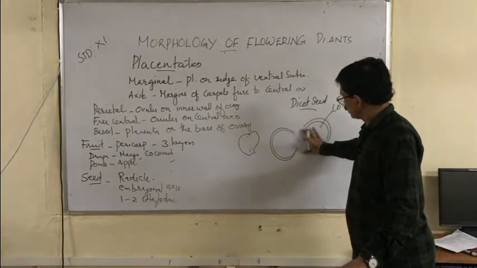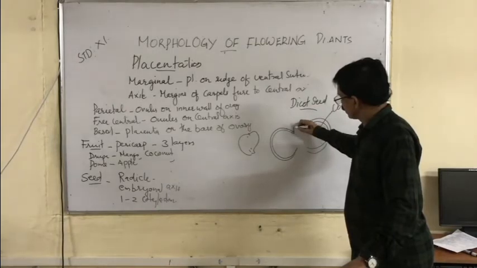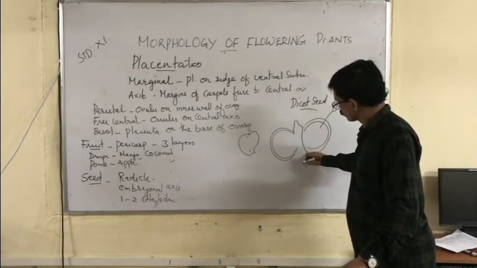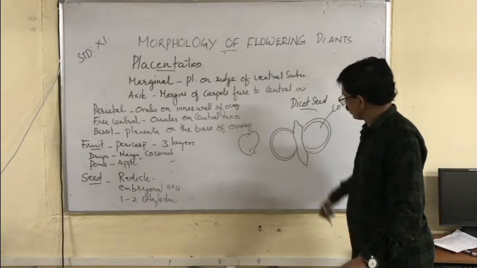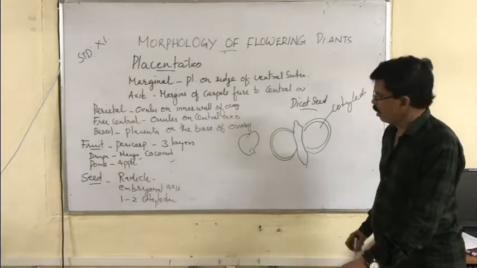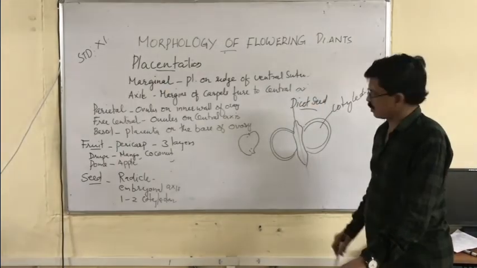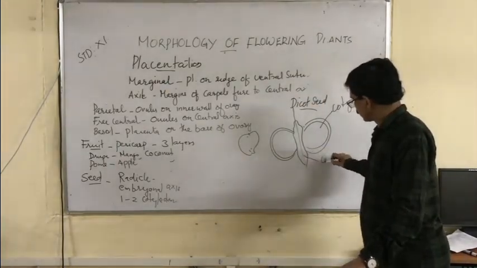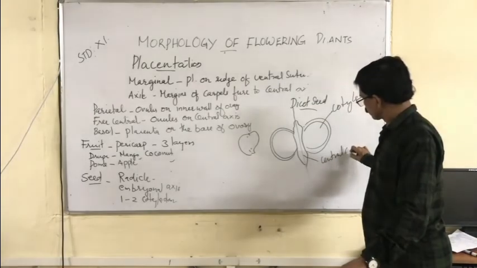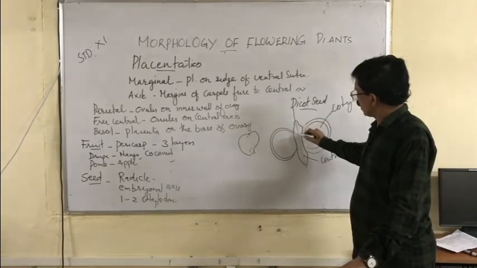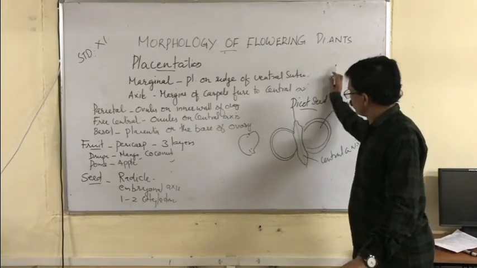At the center, there is one embryo. Through the center, you can see one central axis. One line you can pass. That is called the central axis. The upper part of the central axis, or embryo, is called the plumule.